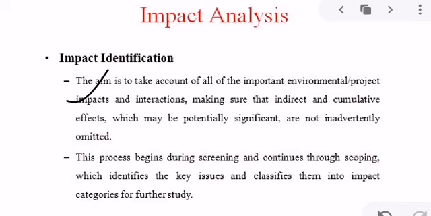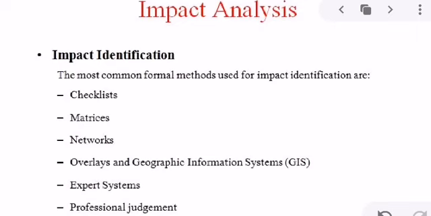In the next phase, the likely impacts are analyzed in greater detail in accordance with the terms of reference specifically established for this purpose. So over time, a number of EIA methodologies or tools have been developed for the use in impact identification. The most common formal methods used for impact identification are checklist method, matrix, networks, overlay and geographic information system, expert system, and professional judgment.